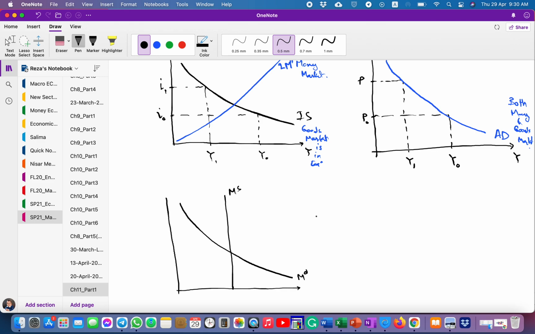Okay, if inflation comes, then aggregate demand, money demand, will shift to the higher level, right? Money demand is shifting up, and then interest rate will increase, given a certain level of Y.